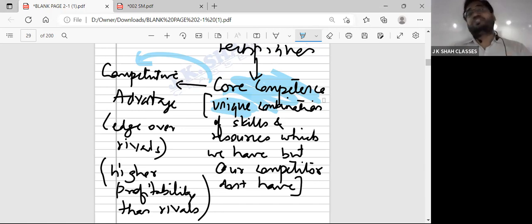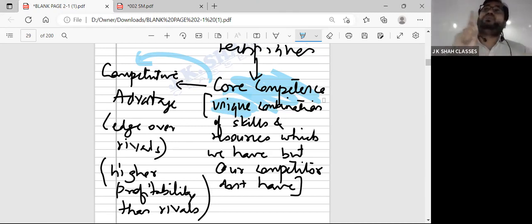You understood what is core competence? Core competence means something which you have but your competitors don't have. If you want an example, Apple. Apple has its own operating system. Because of this, they have core competence, and because of this core competence, they have competitive advantage.